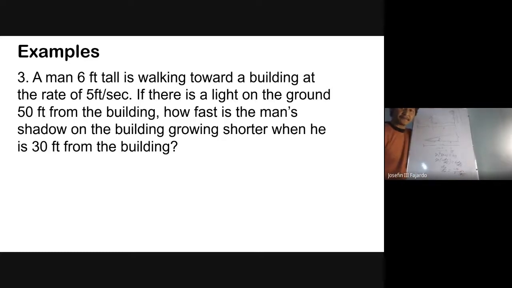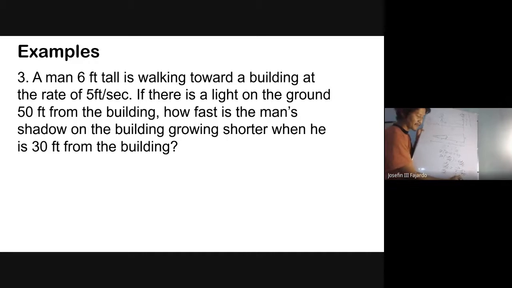Okay? Get it? So, dahil meron na tayong dx over dt, which is actually the speed of the man, right? So, pwede na natin itong isubstitute. Okay? So, dy over dt will now be equal to negative 50 over 6 times, ano yung speed ng tao, yung rate of change ng x? That would be 5 feet per second, right?